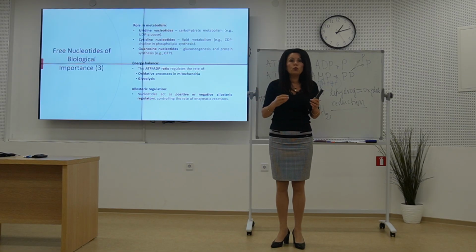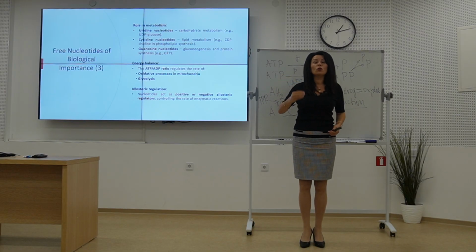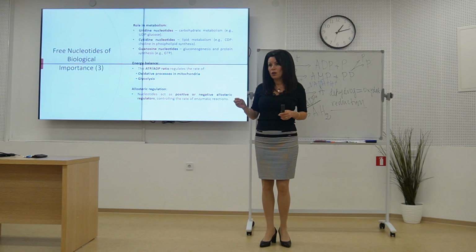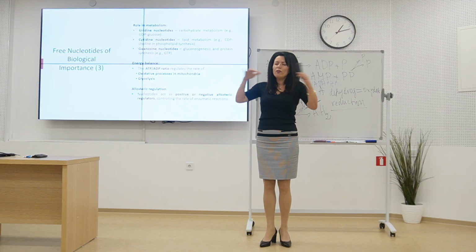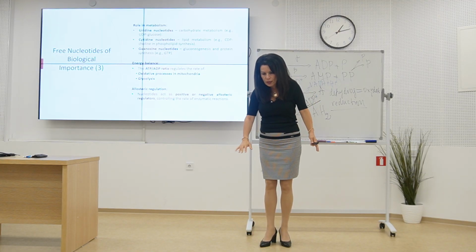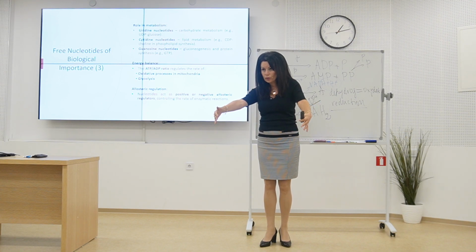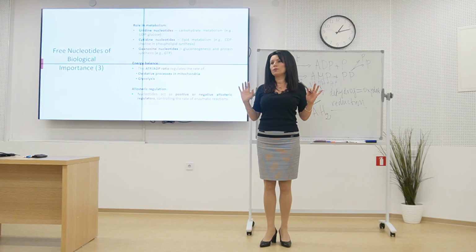Which processes produce energy? These processes are called catabolic processes, or processes of degradation of compounds. For example, you eat some food. After eating, everything is degraded to monomers, and during these catabolic degradation processes, energy is produced. Now ATP is increased and you have enough energy.